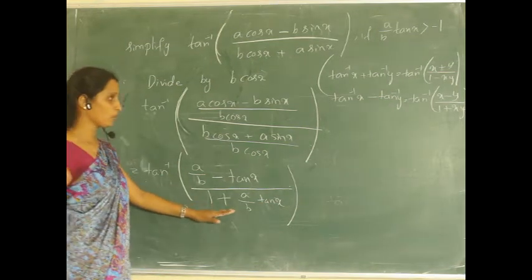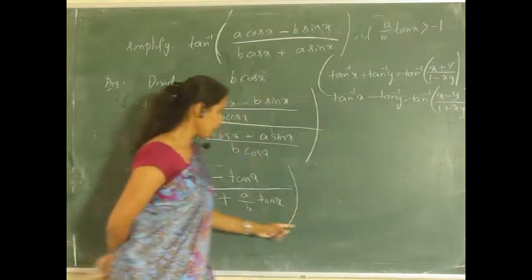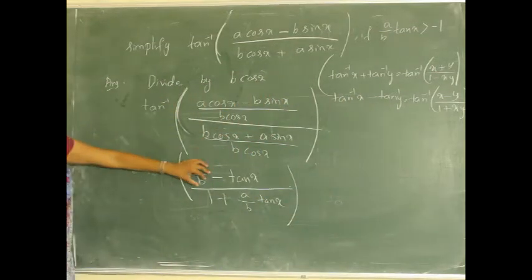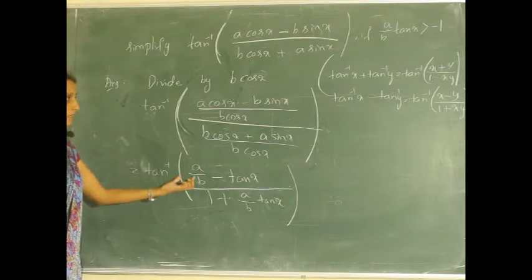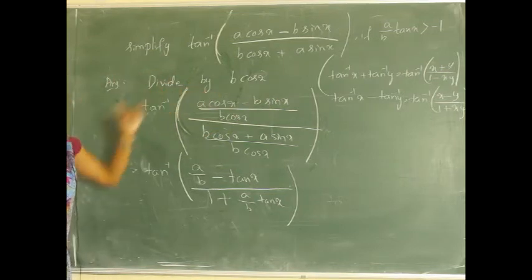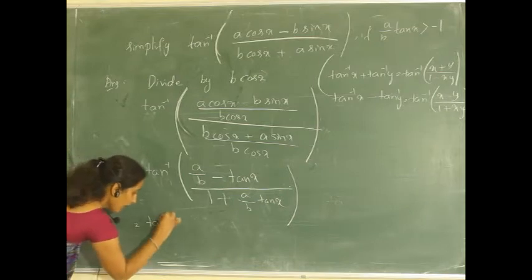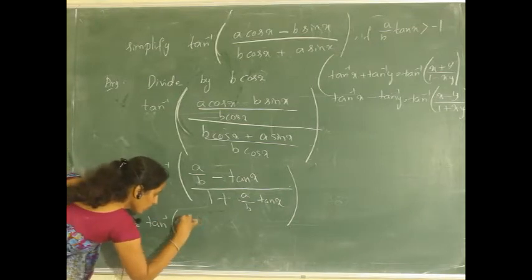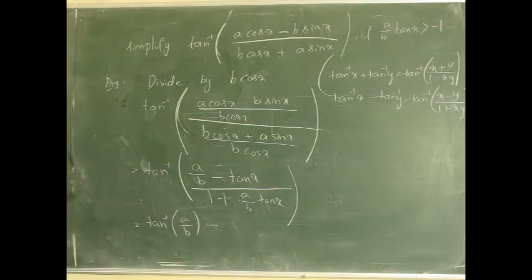So what is this equal to? It is equal to tan inverse x minus tan inverse y. Here x is A by B and y is tan x, so this is equal to tan inverse of A by B minus tan inverse of tan x, which is x.